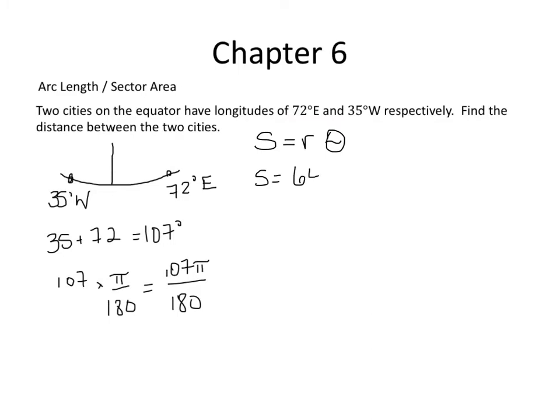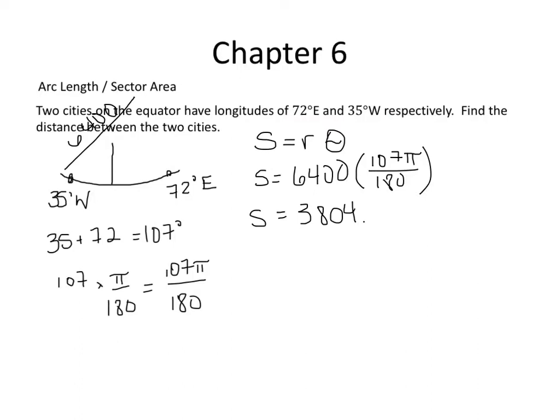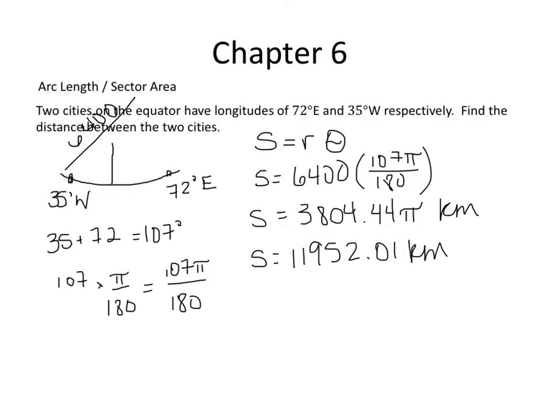The radius here is 6,400, because remember that is the radius of the Earth approximately. I've given you an answer in terms of pi, and I've also multiplied it through. Again, with this being a word problem, you probably need to write a sentence.